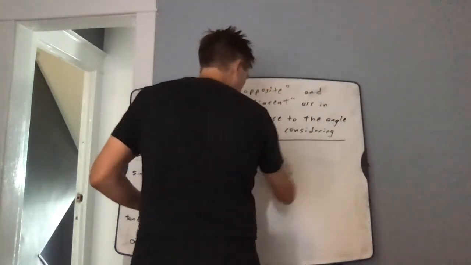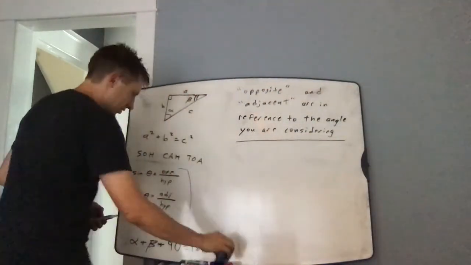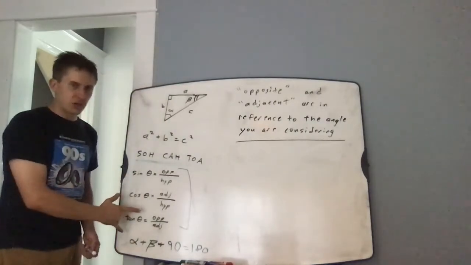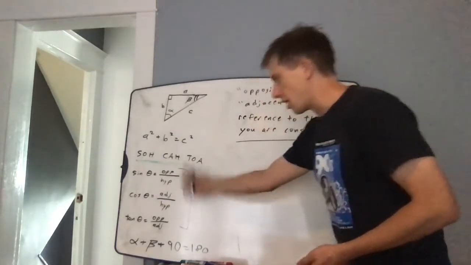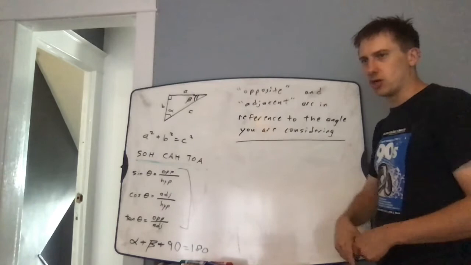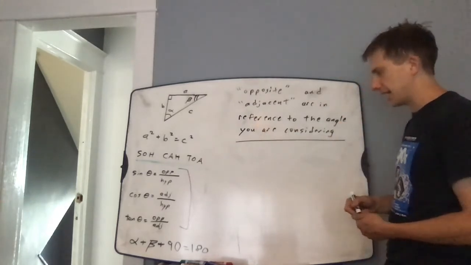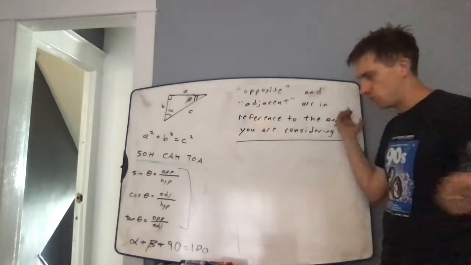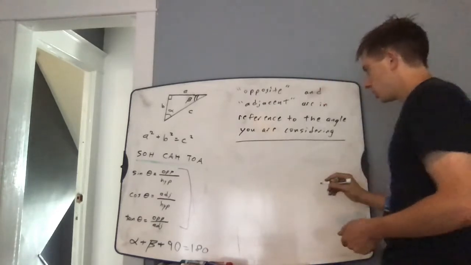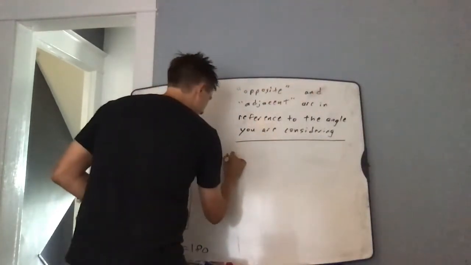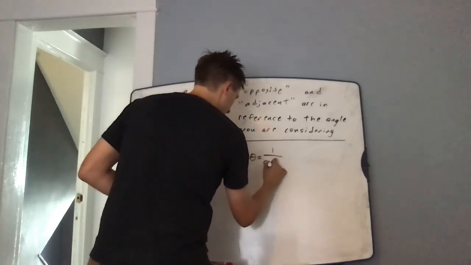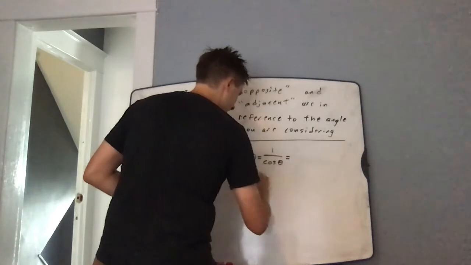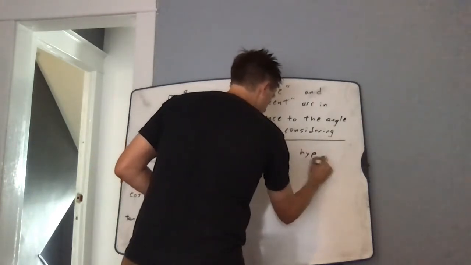So, two other things I want to say. There are three other trig functions as well. There is secant, cosecant, and cotangent. They do not come up nearly as often as these three, so I'm just going to officially mention them now, and if we ever see them, then I could say I've mentioned them. So secant of theta is equal to 1 over cosine of theta, which is equal to hypotenuse over adjacent.